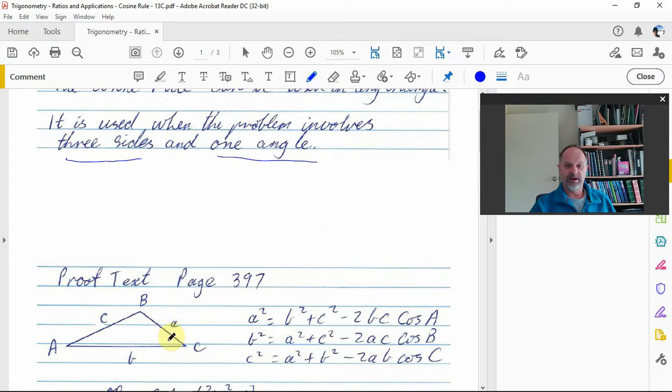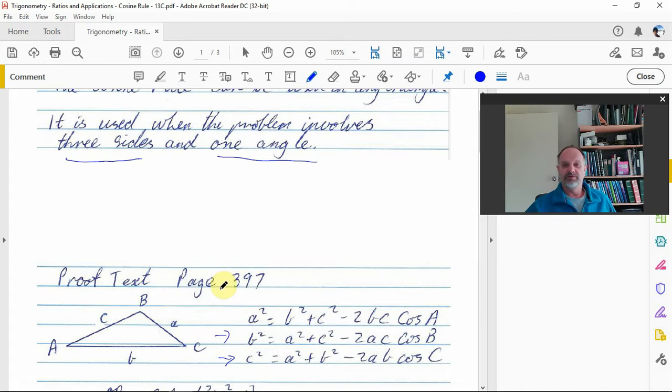So in this case, if we're after side A, and we've got the opposite angle, angle A, and these two sides, so two sides and the included angle, then you'd write it this way: A squared equals B squared plus C squared minus 2BC cos A. All right, if it was these two sides you had and an angle B, then you can write it in this way, and if it's sides A and B and you've got an angle C, then you write it this way.